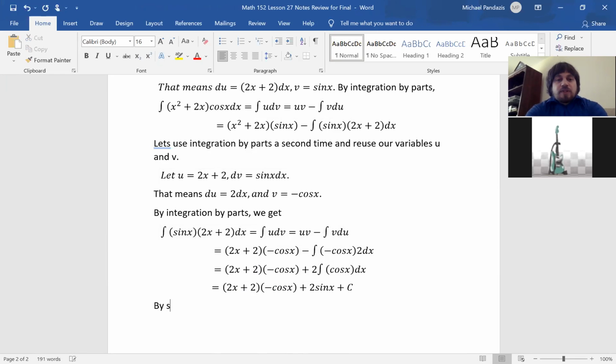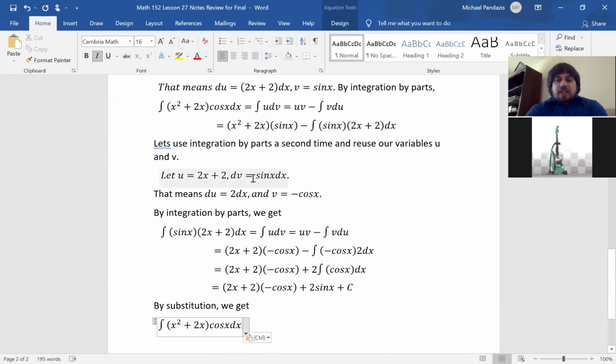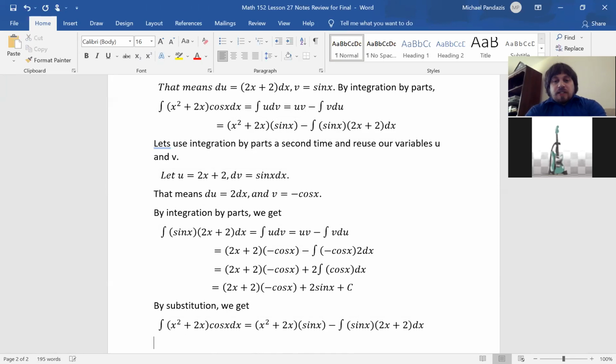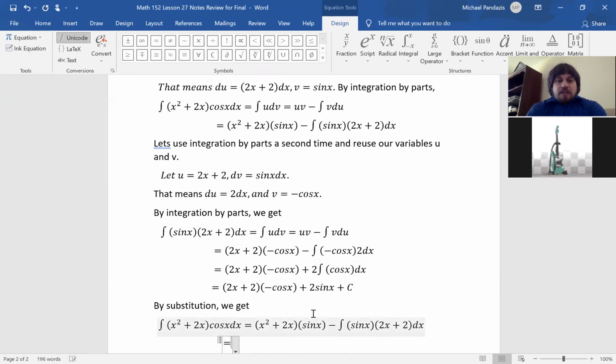So by substitution, we get that our original integral is equal to this minus this, right? But now we found what the other thing is, right? So we still have this thing.